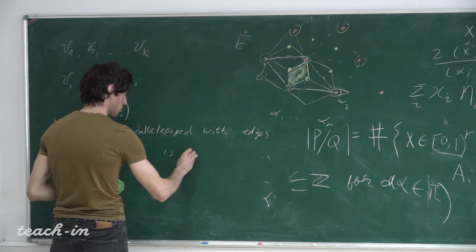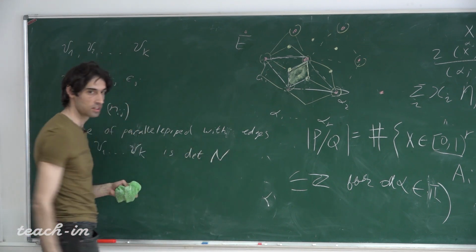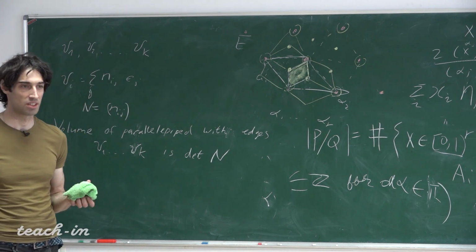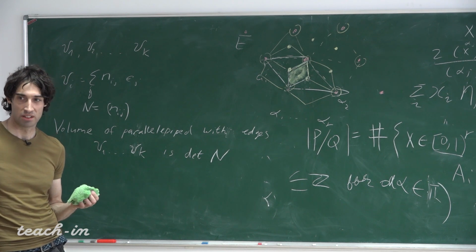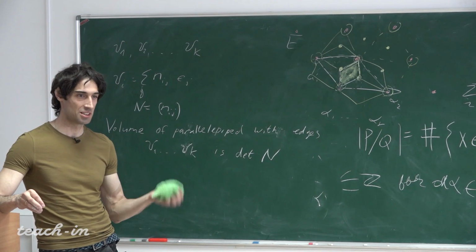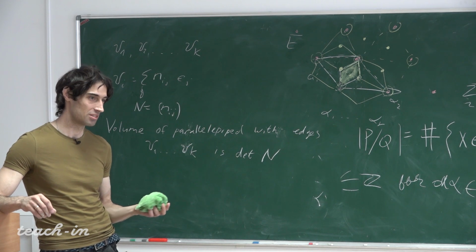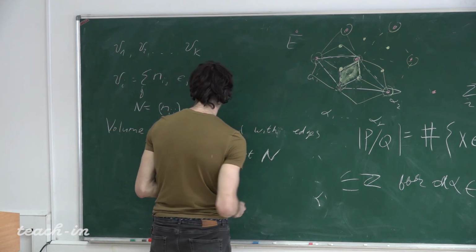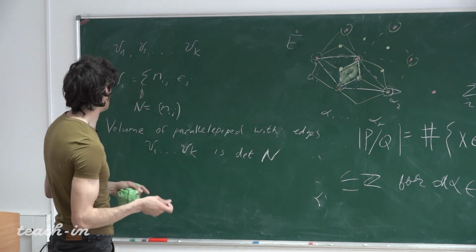Is exactly the determinant of this matrix N. So this is some elementary geometry. There are different ways how to prove that. But okay, this is believable. That's what people learn in the first years of the university, or I don't know.